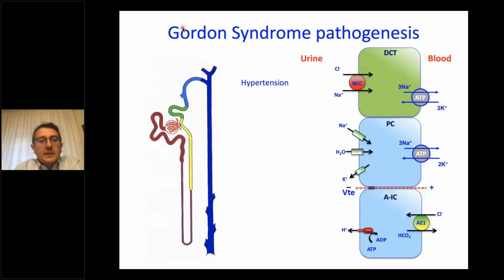The classical view of the pathogenesis of Gordon syndrome is due to a hyperactivation of NCC that leads to hypertension because of increased salt reabsorption and volemia. And this is actually believed to reduce the sodium delivery to the distal tubule, in particular to the principal cell.